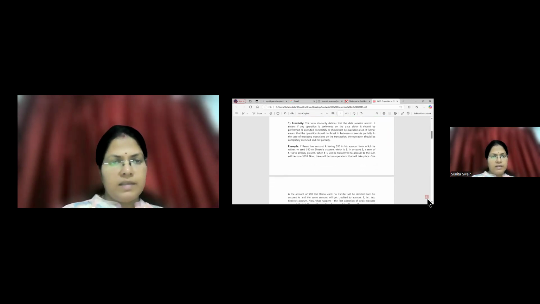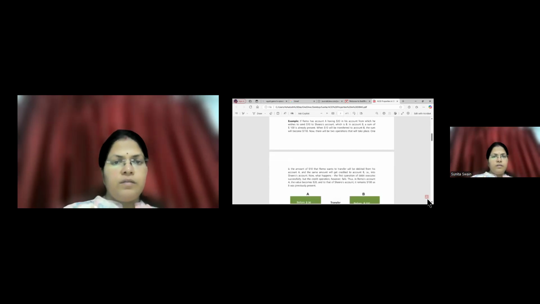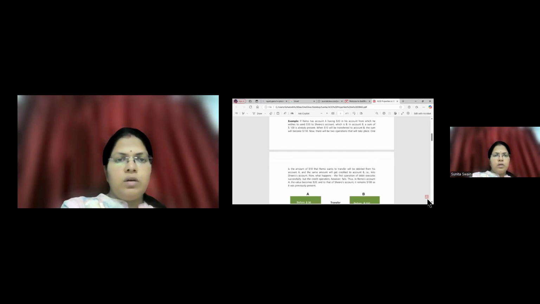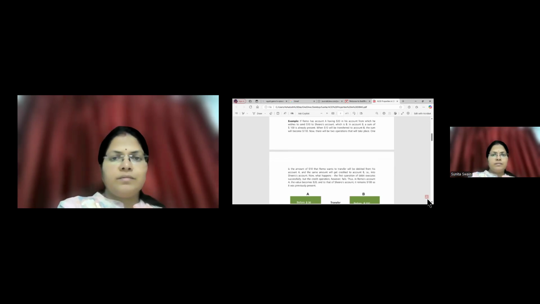So, here one example has been stated. Remo has account A having $30, from which he wishes to send $10 to Shiro's account, which is B. So, one person wants to send a certain amount to another account.